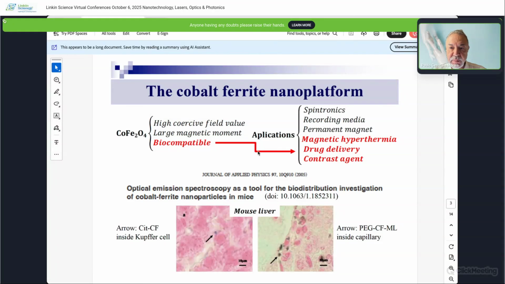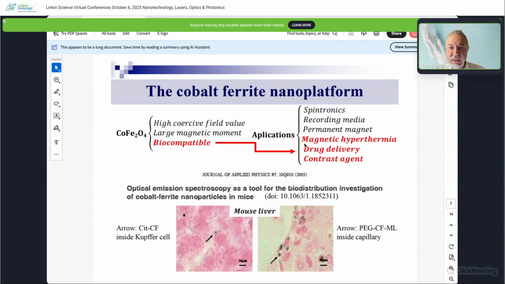In terms of the biocompatibility, you can use cobalt ferrite nanoparticles in magnetic hyperthermia, which is a very interesting application, for drug delivery and also for contrast agent for magnetic resonance imaging.